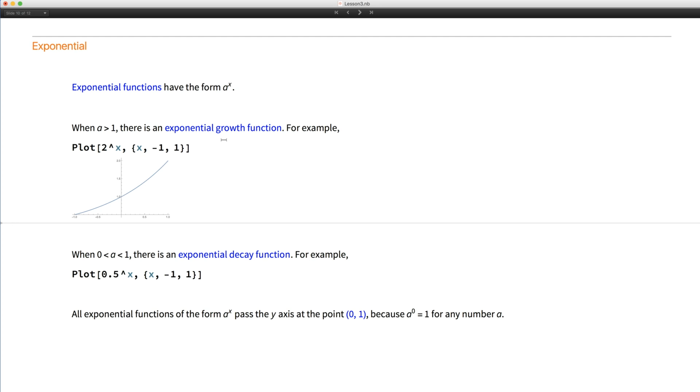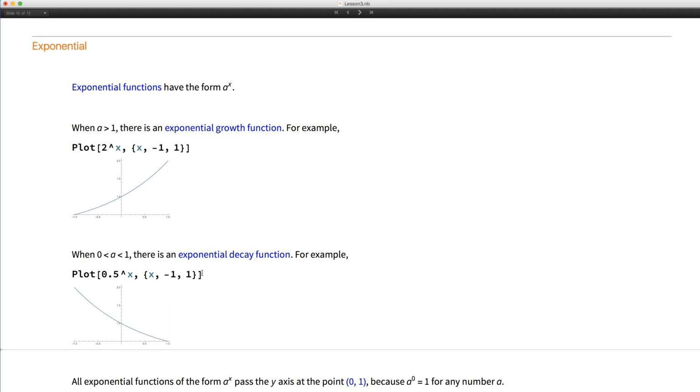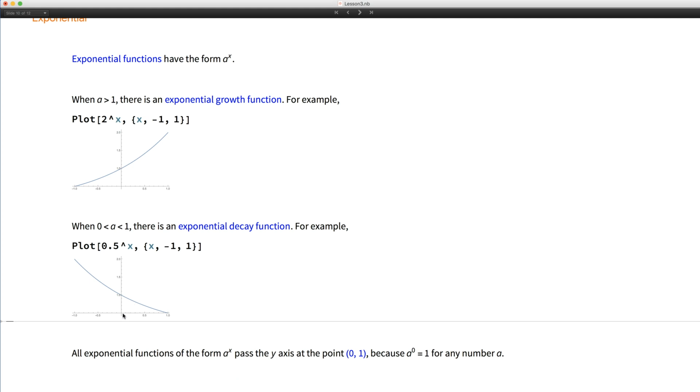On the other hand, if you take a number between 0 and 1, like 0.5, then you get a decreasing function. But in any case, these functions always pass through the point 0, 1, because a to the power 0 is 1, as you all know from your study of indices in algebra.